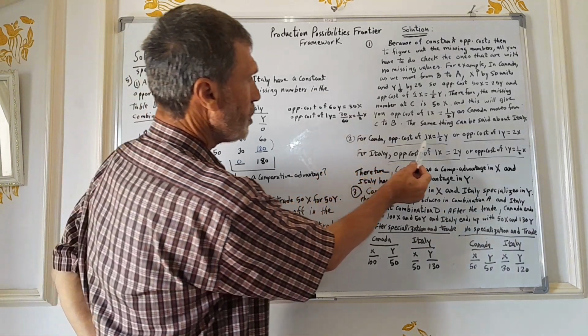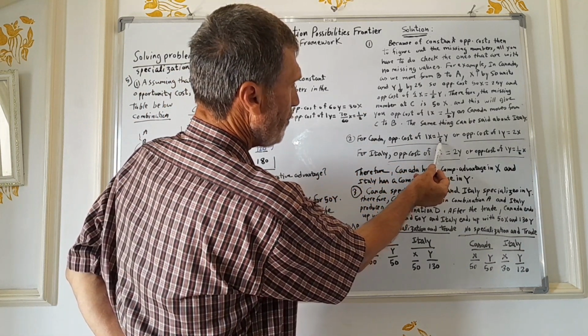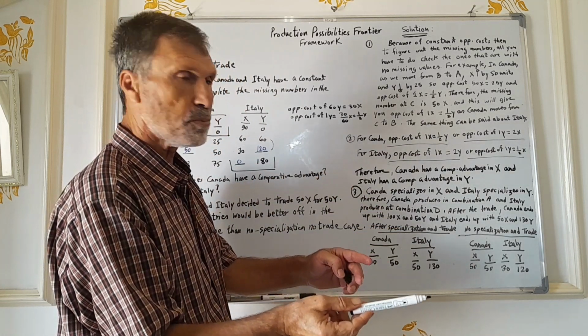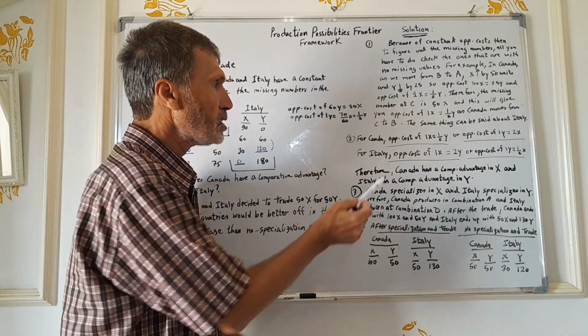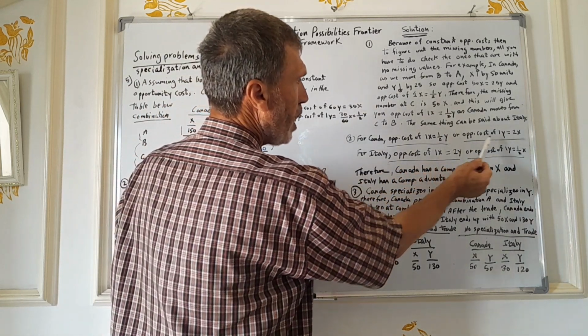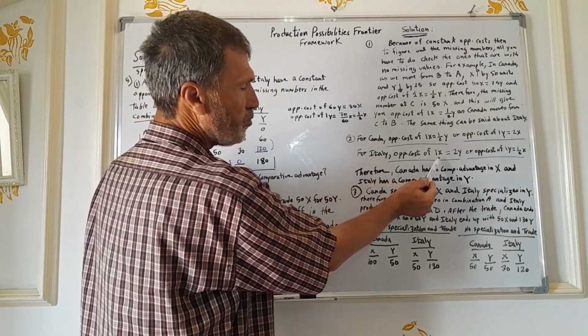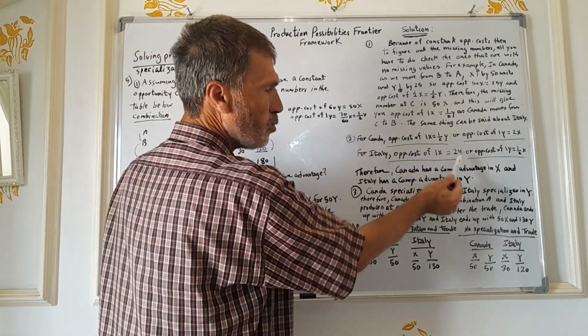For Canada, the opportunity cost of 1x equals 1/2 y. We can, of course, find the opportunity cost of y in terms of x, which means the opportunity cost of 1y is equal to 2x. Great. For Italy, the opportunity cost of 1x is equal to what? 2y.